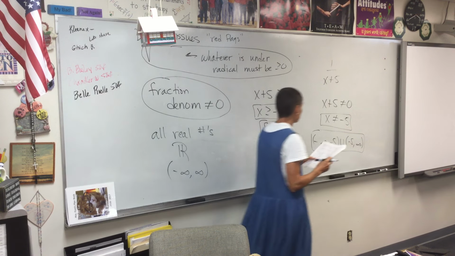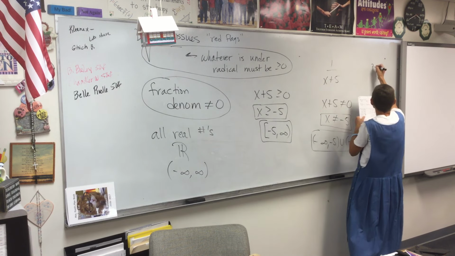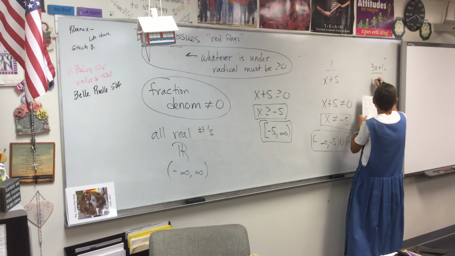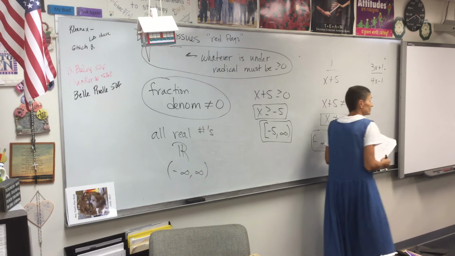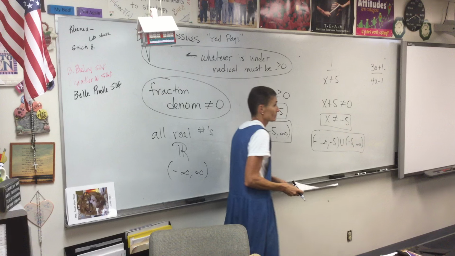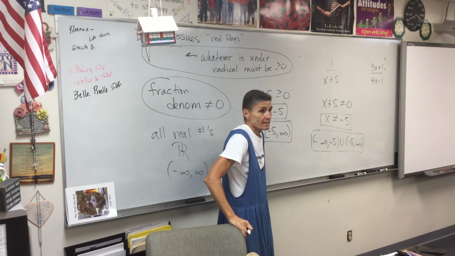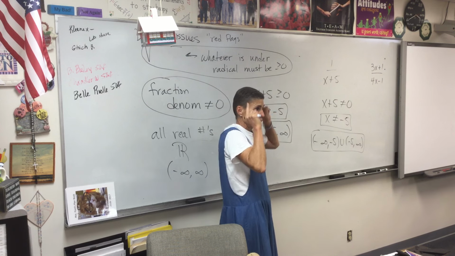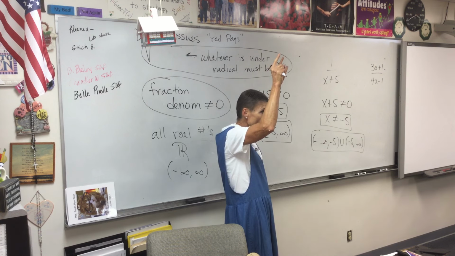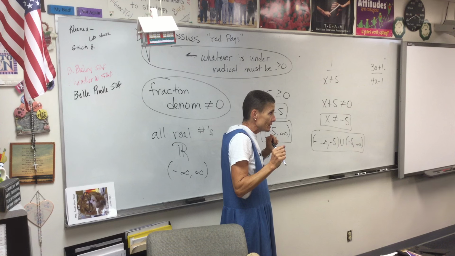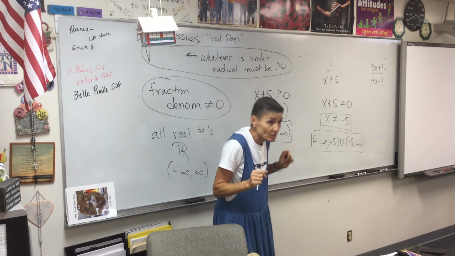All right, we're going to try to do 2 more, and then we'll be done. How about this one? 3x plus 1 over 4x minus 1. Question says, what's the domain? Why are my radar up? Because there's a fraction.